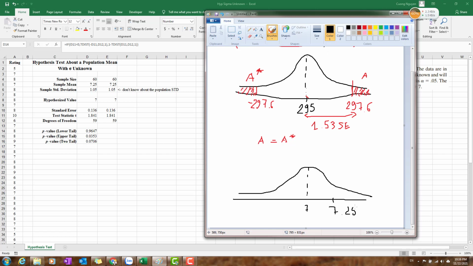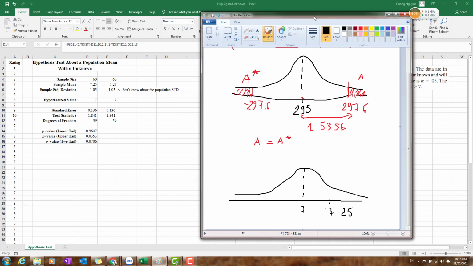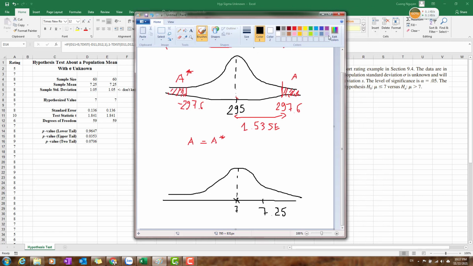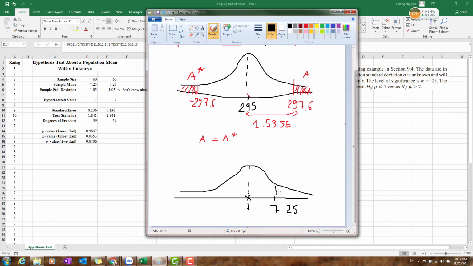We want to check whether mu is very large compared to 7. If you really want to make sure the value is larger than 7, not smaller or equal to 7, it must be very large and fall into some area like this, right?